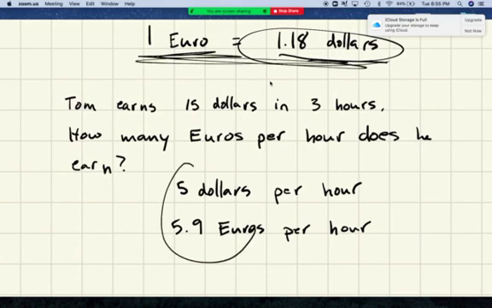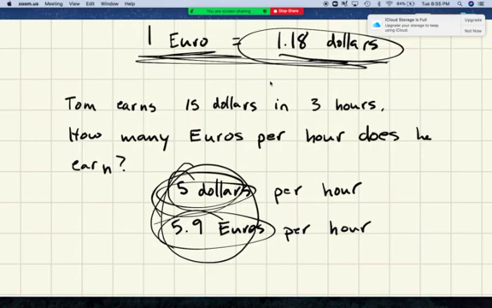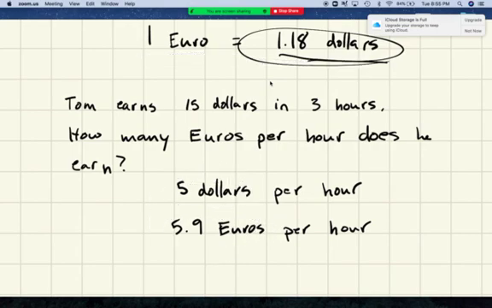Oh, it's backwards, isn't it? The dollars are less here. $5 per hour in America, right? But then how many euros? Oh yeah, it should be less. $1 equals 1.18 euros. So this should be the euros.